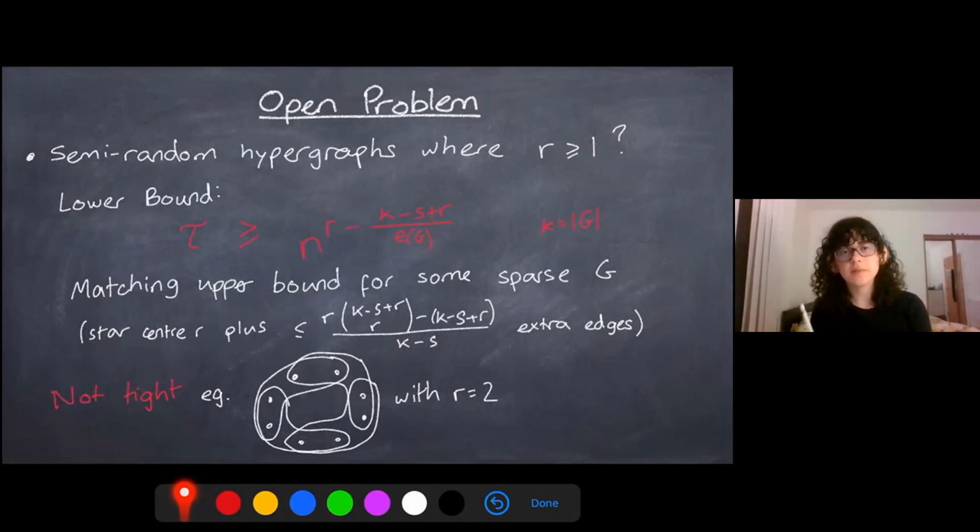Even for complete hypergraphs, we don't know what the correct threshold is. We know for some really small cases, but we don't even know for, say, 6 vertices and edges of size 3. So answering that in itself would be a good start.